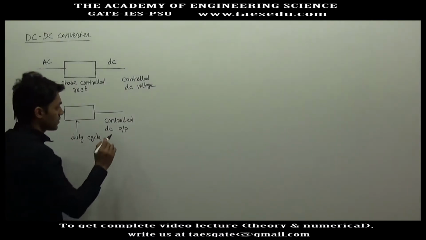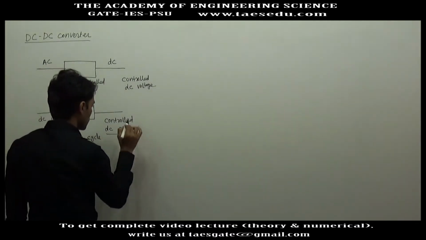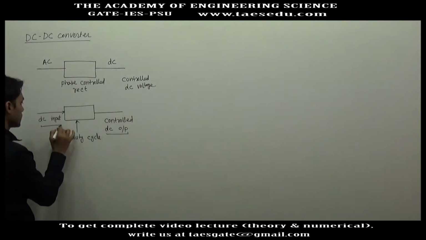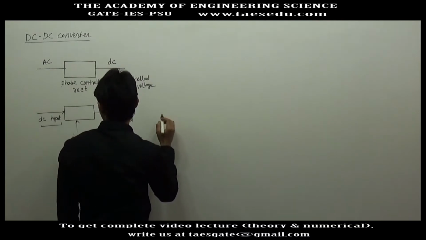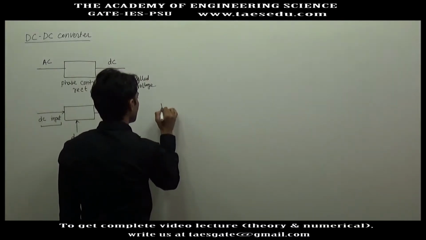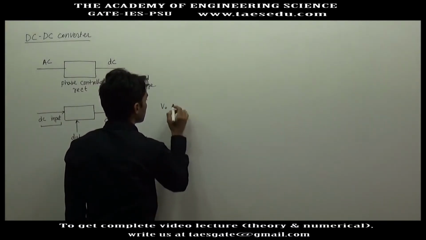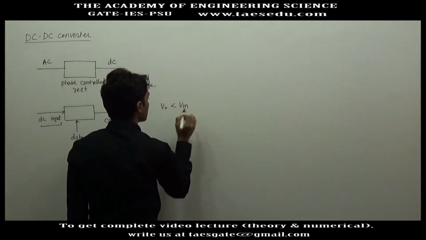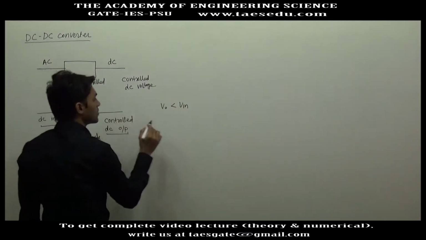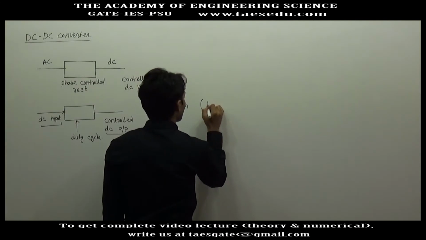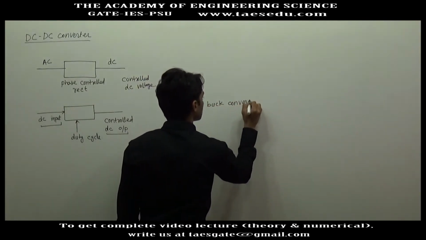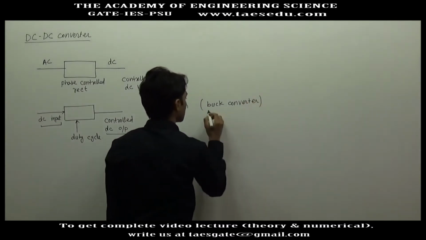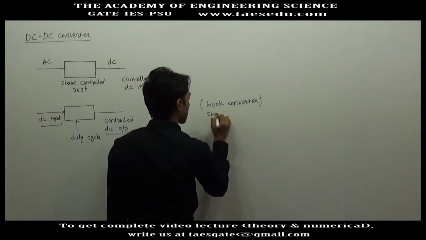If the magnitude of output voltage V0 may be less than input voltage, in this case this converter will be called buck converter, and this is also called a step down chopper.